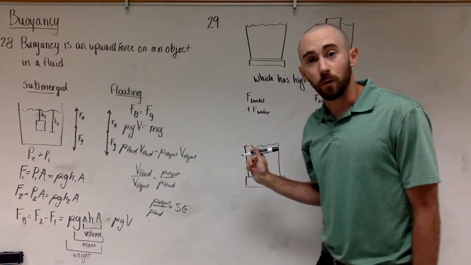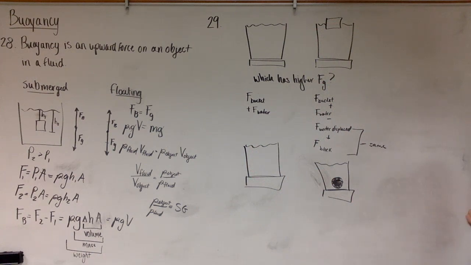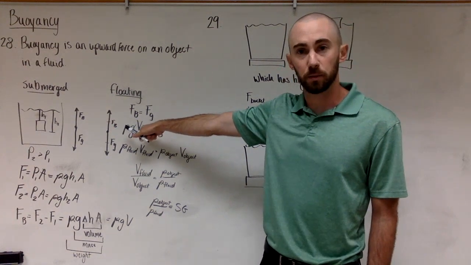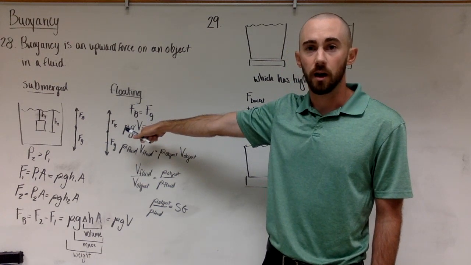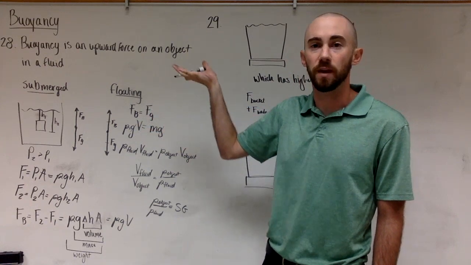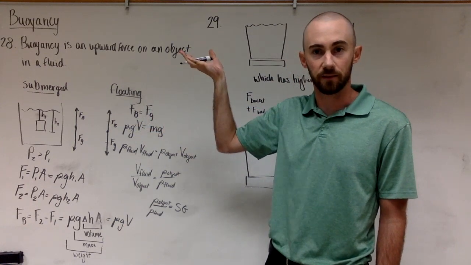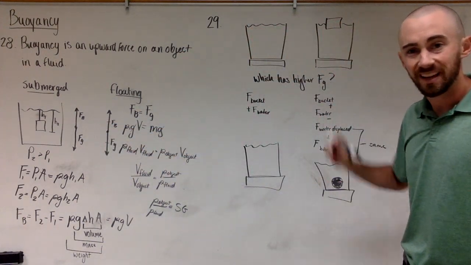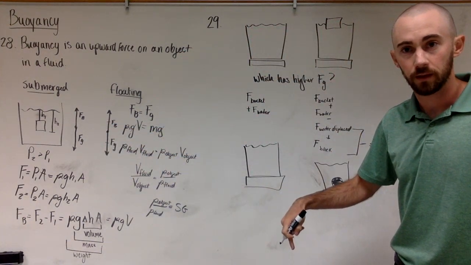So in this one, the one that weighs more should be the one with the steel ball. In the case where it's floating, it's going to displace the exact amount of water of its mass. And that's because it has to hold that force up for it to stay floating. The forces have to be balanced out. In this case, because the steel ball is more dense, it's just going to go straight down to the bottom.